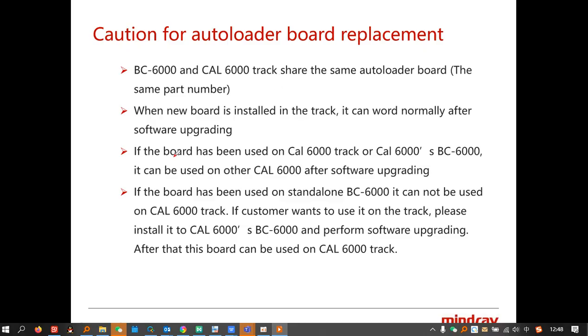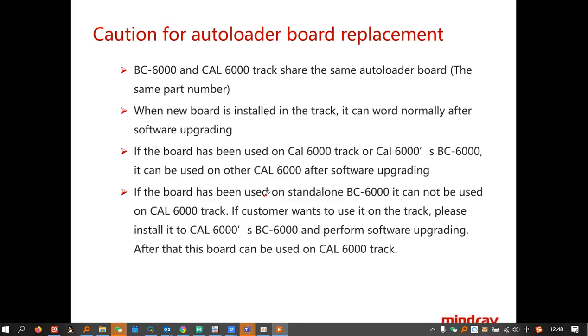If the board has been used on the check or the analyzer on the Chaos 6000, it can be used on another Chaos 6000, and then upgrade. It's okay.